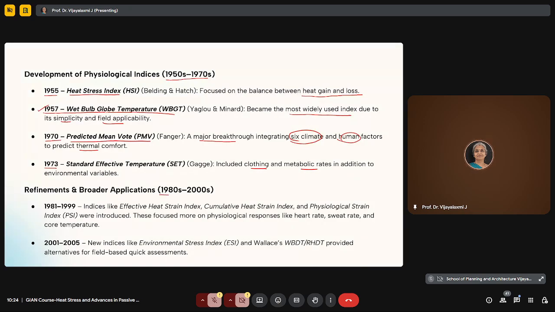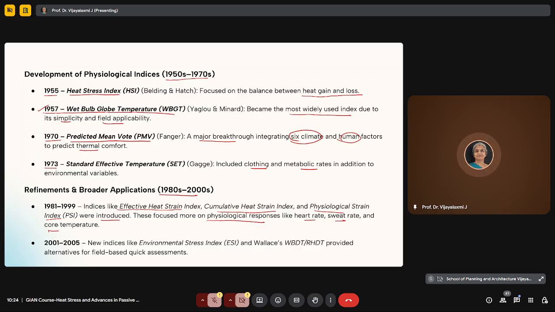Further, up to the 2000s, some refinements came, with indices like the effective heat strain index, cumulative heat strain index, and physiological strain index. These were introduced because they focused more on physiological responses like heart rate, sweat rate, and core temperature.